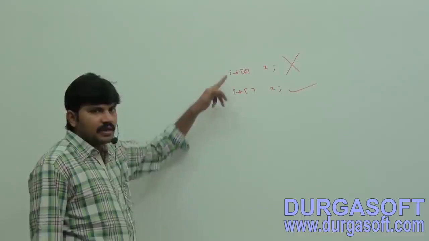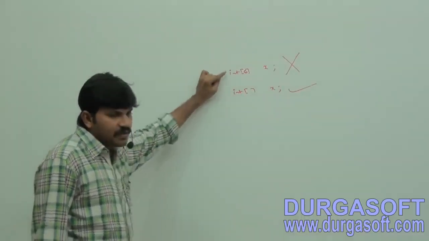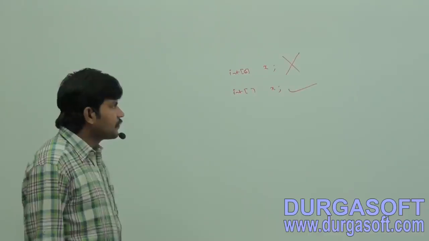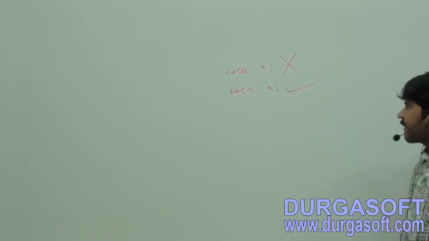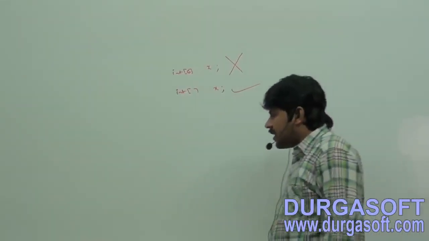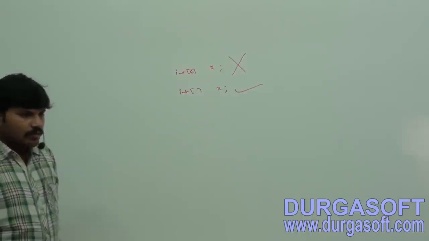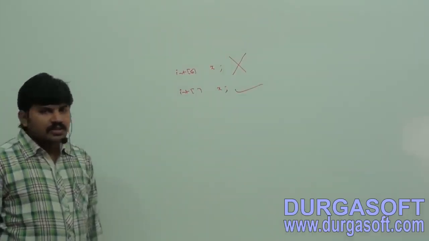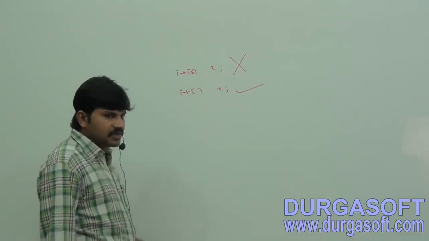It's a very important conclusion, keep a star for that point. int[6] x is invalid, but int[] x itself is valid. I hope it is clear, right? So this is how to declare a one dimensional array.